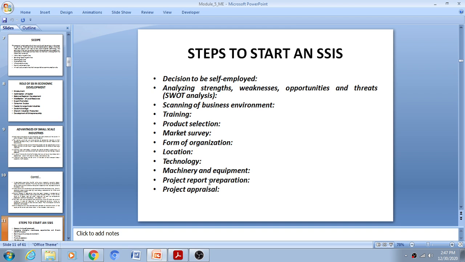Why do we write a report? The report is written because we want to convey this to the potential financiers, the potential investors. So in order to attract them, you prepare the project report.